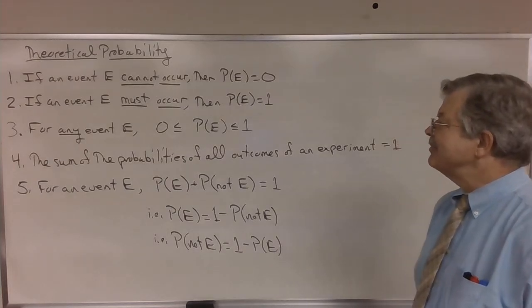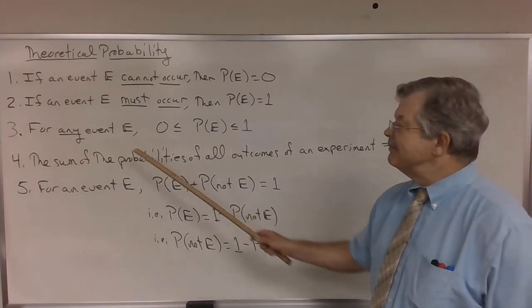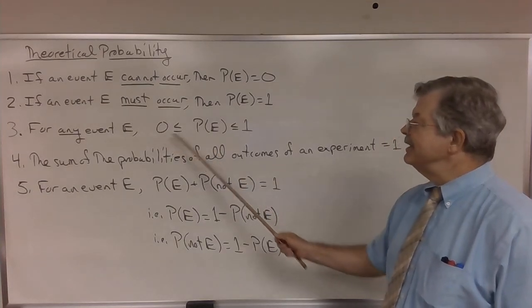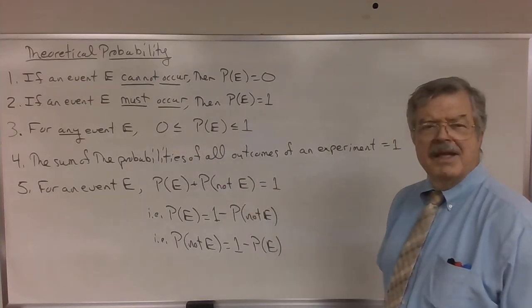I'm sorry. For any event, the probability that the event occurs is between 0 and 1.